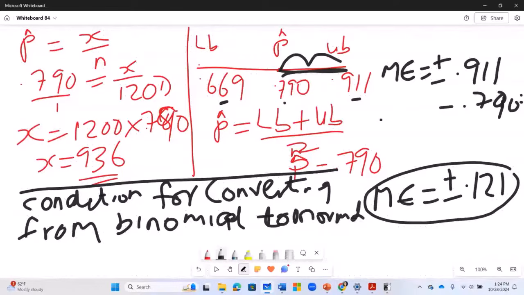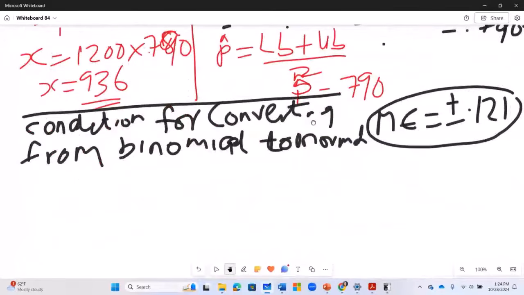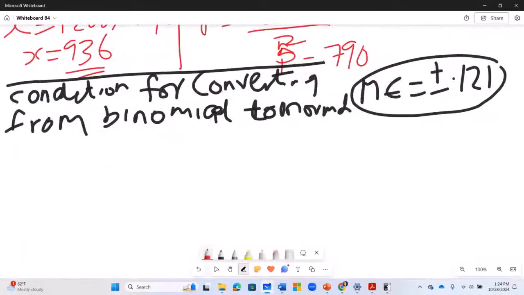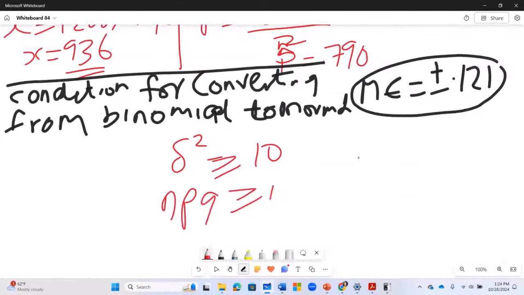The first condition is that the variance must be greater than or equal to 10. So you will be told to find it anyway. What is the variance? Variance is n times p times q, and it must be greater than or equal to 10.